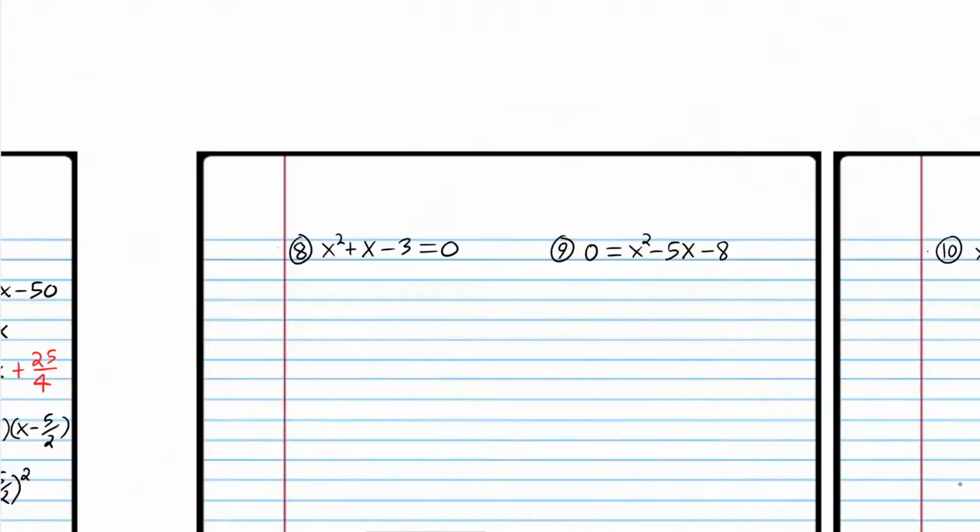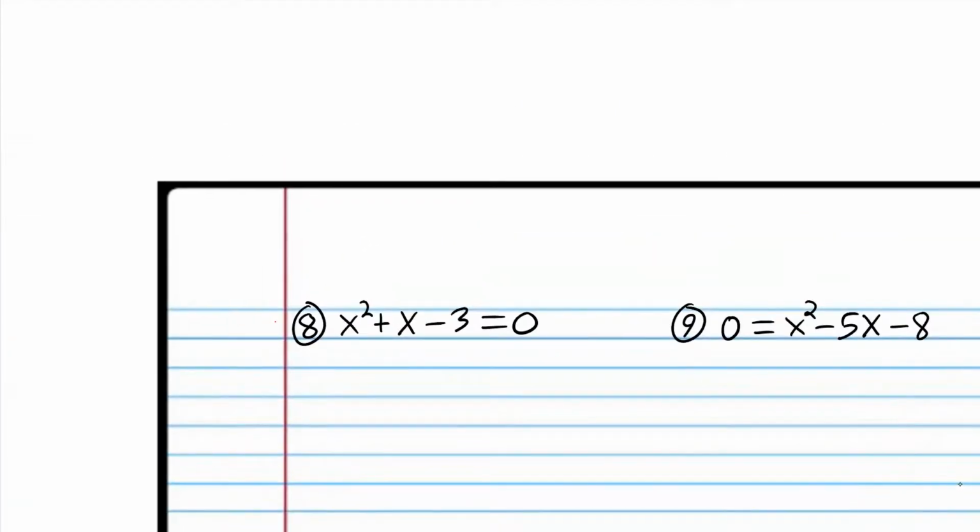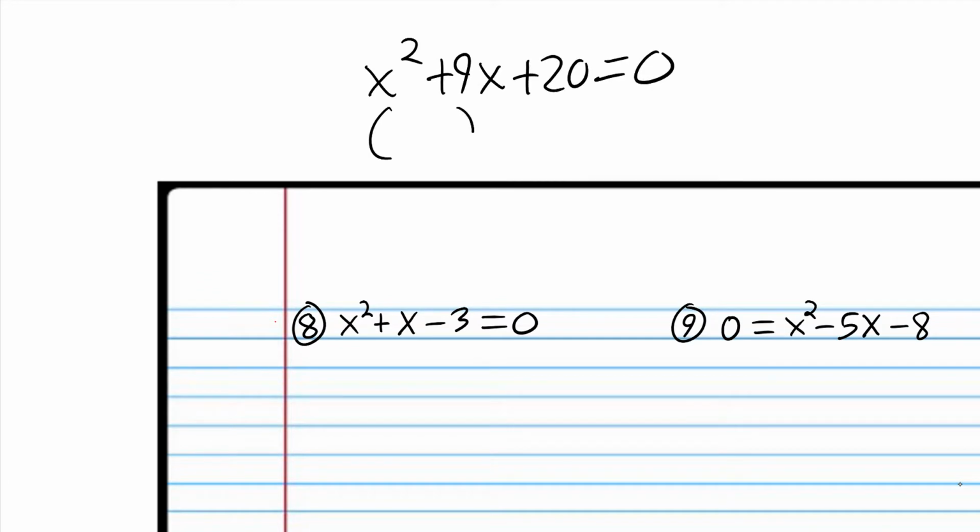And in case you forgot what factoring is, just to give you an example, you might have something like this. We can solve that by factoring, just like we did in the previous class. x plus 4 and x plus 5. 4 times 5 is 20, and 4 plus 5 is 9.